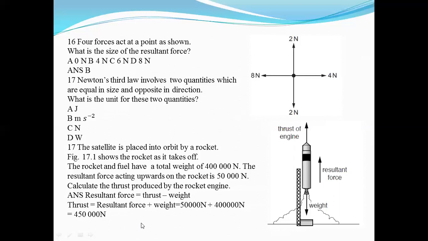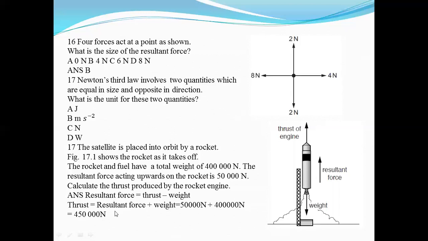Over here, we are going to use the formula of resultant force. Resultant force is equivalent to thrust minus weight. There are two forces acting: weight in the downward direction, thrust in the upward direction. Thrust over here will be greater as compared to the weight. Resultant force is equal to thrust minus weight.